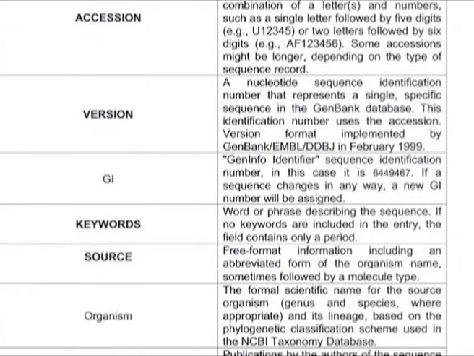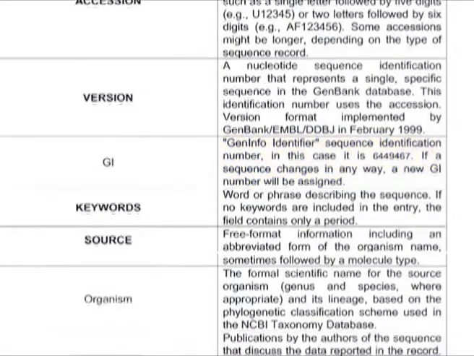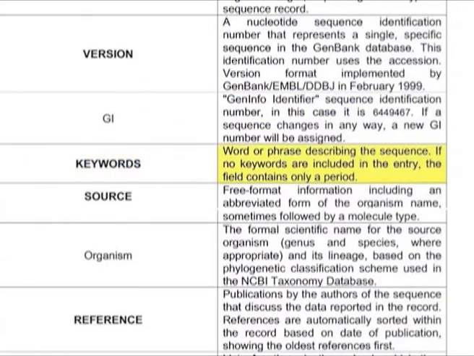The next field is GI, also known as the GenInfo Identifier Sequence Identification Number. In this case, it is 6449467. If a sequence changes in any way, a new GI number will be assigned. Keywords. Keywords describe a word or a phrase describing the sequence. If no keywords are included in the entry, the field contains only a period.